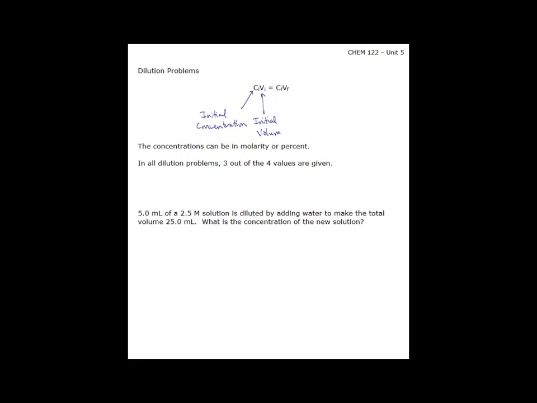That's your initial concentration and initial volume. That's what you start off with. What's the concentration? What's the volume? After dilution, you have the final concentration and the final volume.